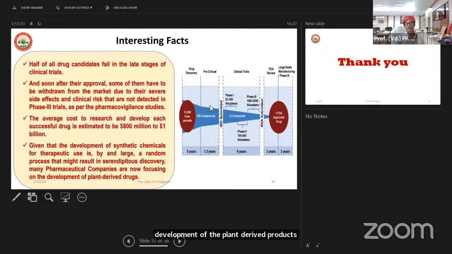You can see from this picture, if 250 compounds are screened in drug discovery and preclinical trials, after 5 to 6.5 years they go to clinical trials.